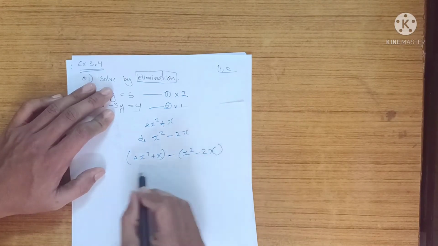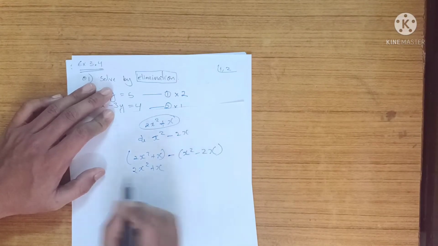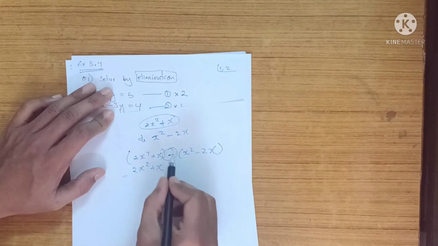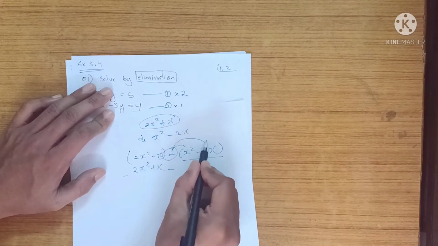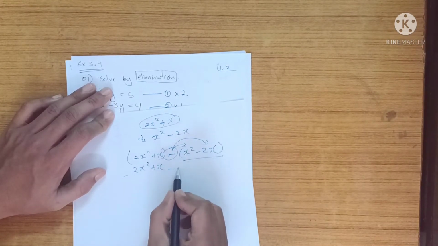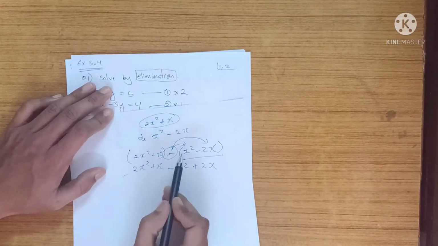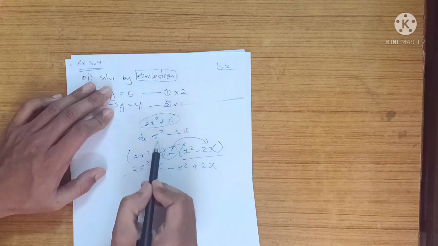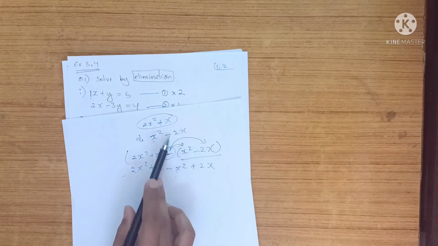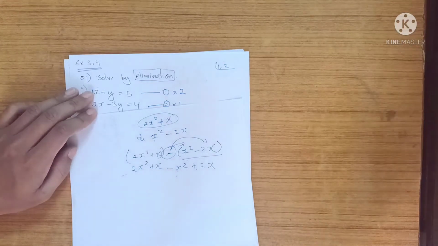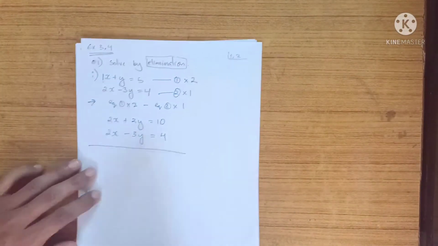When you open the bracket, the first one is not affected by anything. But since you're subtracting, the second one is affected. This minus applies to each term: minus into plus x becomes minus, minus into minus becomes plus. So the positive becomes negative and the negative becomes positive. The signs become opposite whenever there's a subtraction sign. This is exactly what's going to happen now.